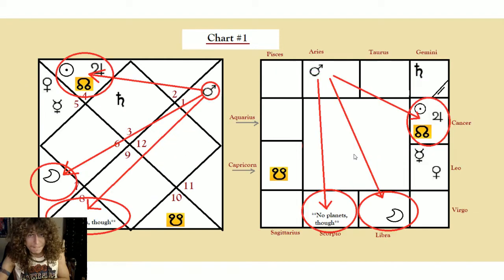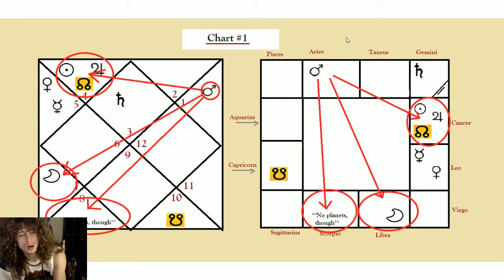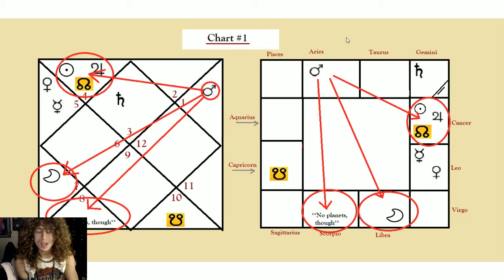So, the authors go on to tell us a little bit here. In chart number 1, this is us coming back to chart number 1. I'm going to be repeating what we just said, but through the author's vantage. Chart number 1, Mars occupies the constellation of Aries. From this position, it aspects Libra by its 7th aspect, Cancer by its 4th aspect, and Scorpio by its 8th aspect.